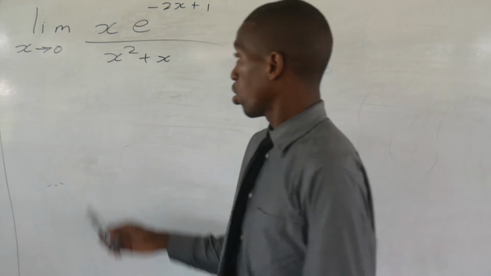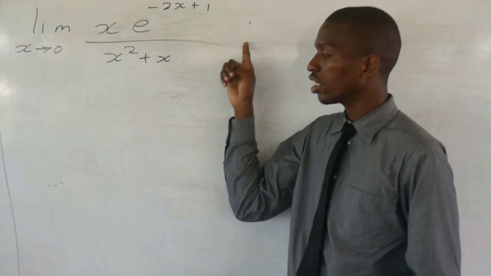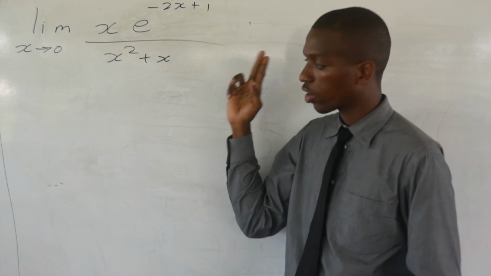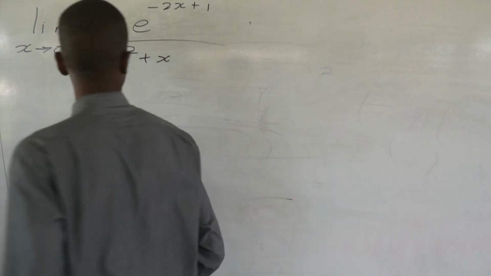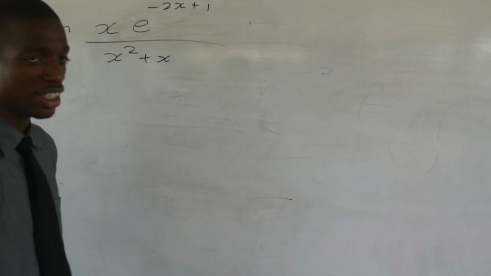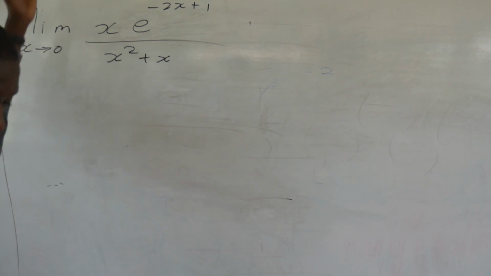Let's see. Plug in 0, you get 0 over 0, so you write equals 0 over 0, indeterminate form. And you try to, first of all, see if you can factor to x minus a. Could we? Yes, very easily.